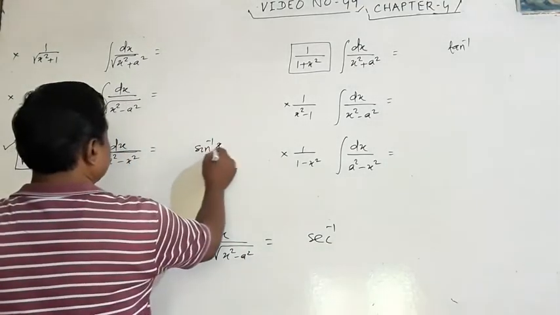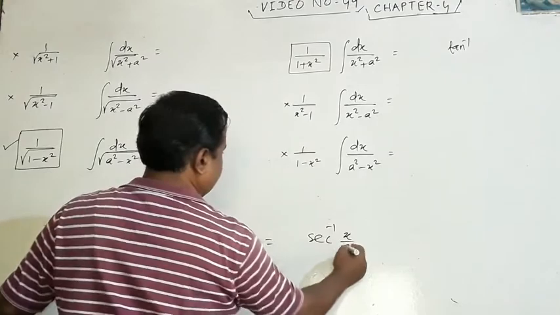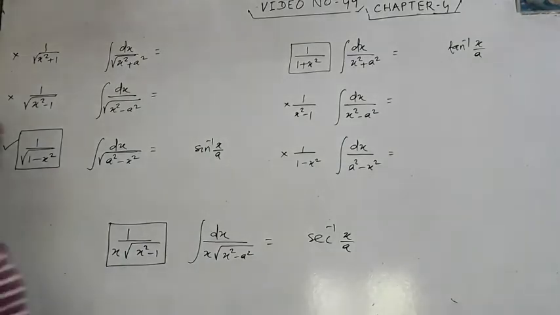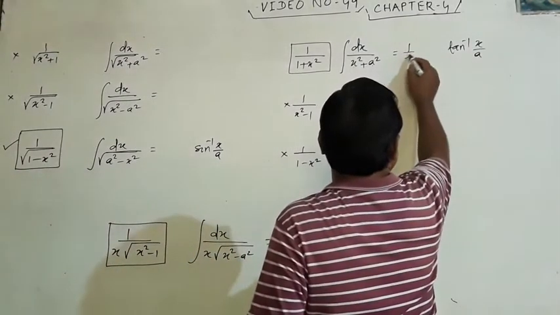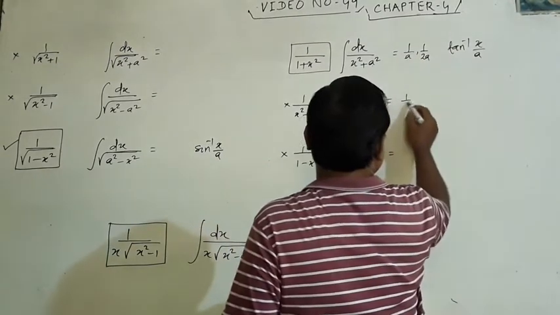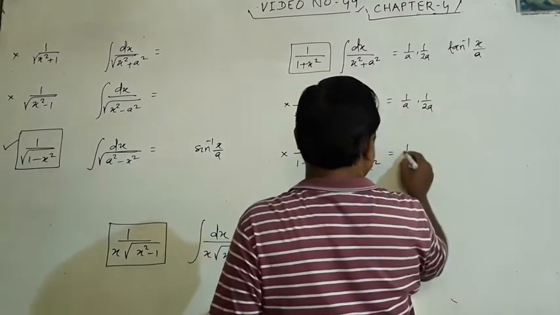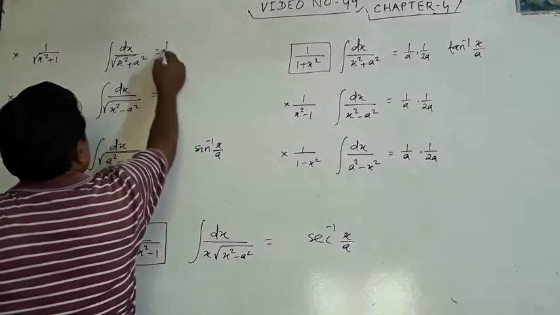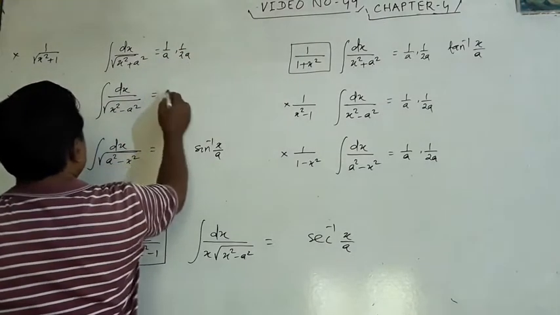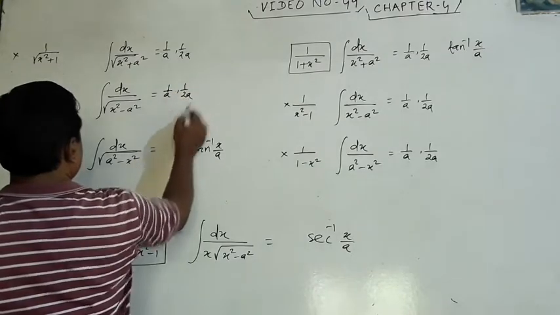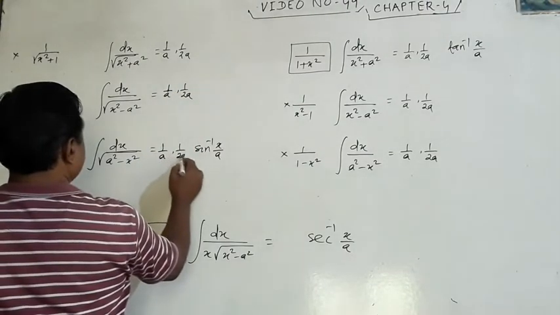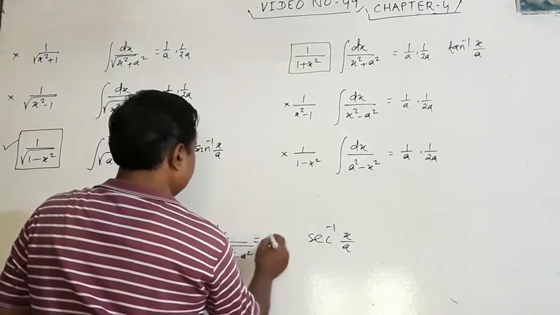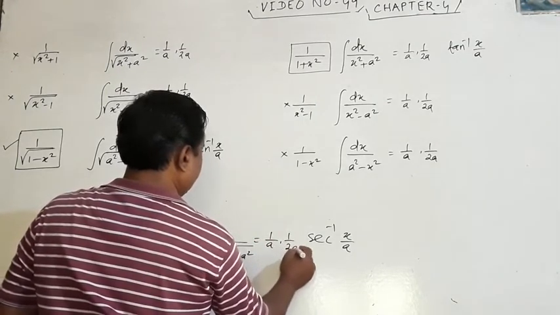Every time you have to write x by a. Very interesting thing is that either there is 1 by a or 1 by 2a in this formula. 1 by a, 1 by 2a.